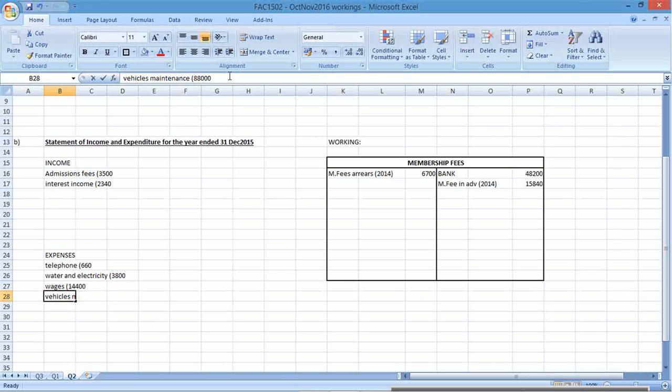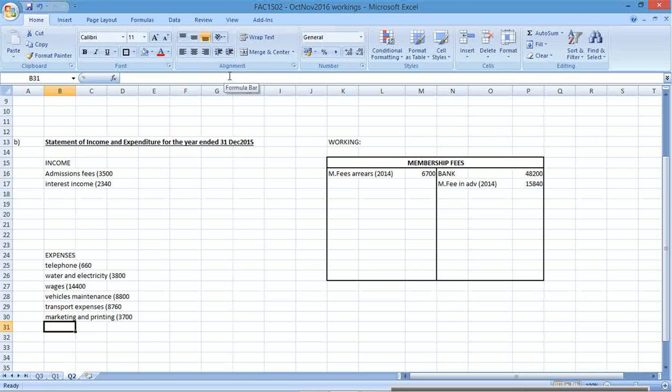How much? 8,760. Next, marketing and printing expenses, 3,700. Next, soccer kits and memorabilia.